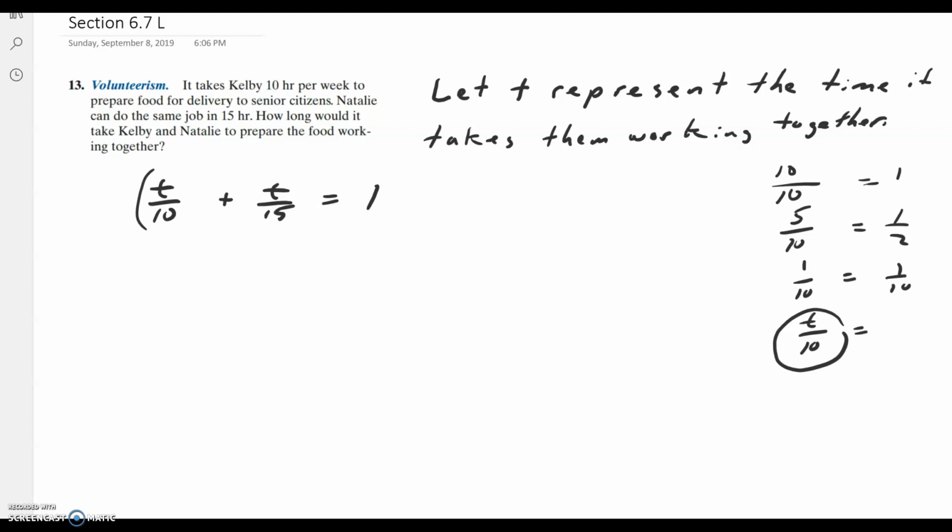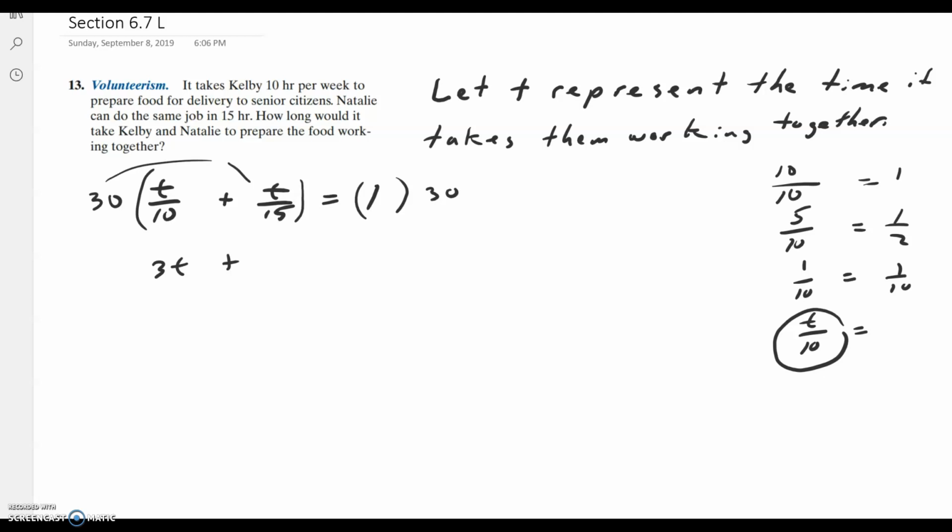We know previously that we can get rid of fractions by multiplying both sides by the least common denominator, which in this problem is 30, because 30 is the smallest number that cancels 10 and 15. We distribute the 30 through, it cancels the 10, and we have a 3t here.